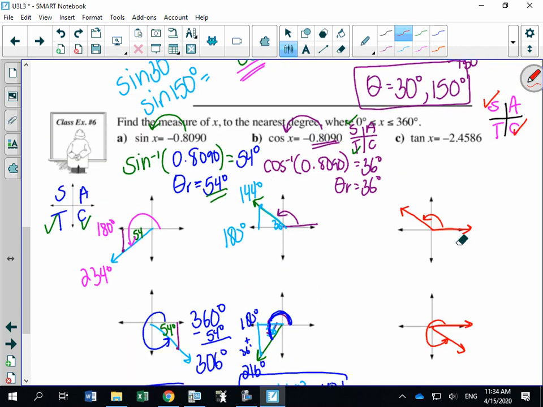In order to do that, I need to get my reference angle. So the inverse tan of the absolute value. Absolute value, you guys, it's always the positive number. So that would be 2.4586.